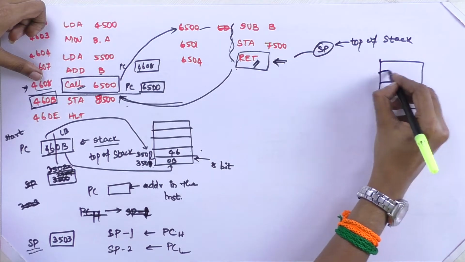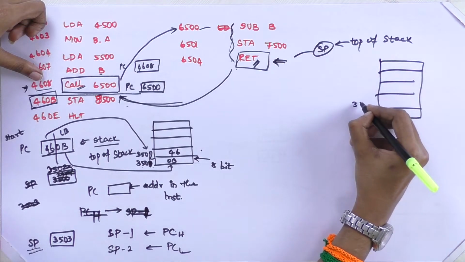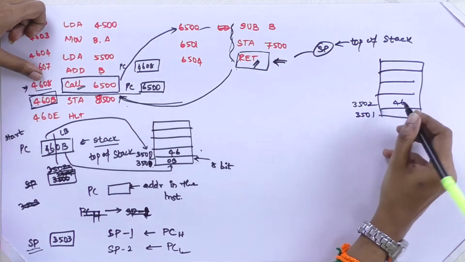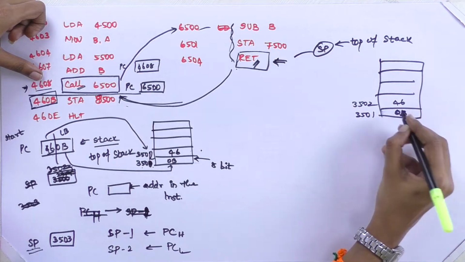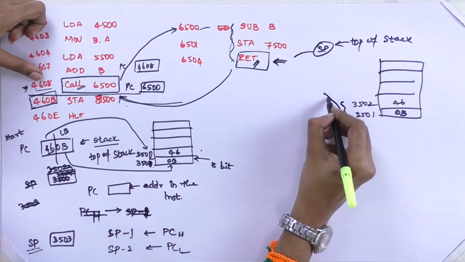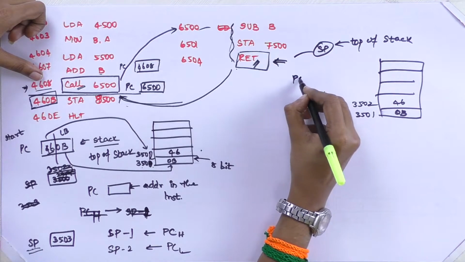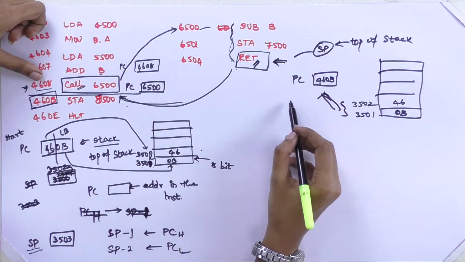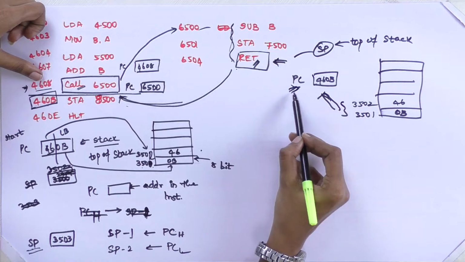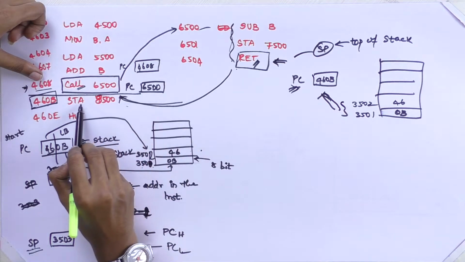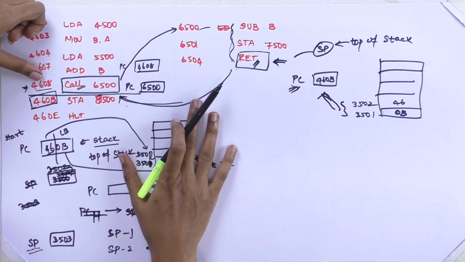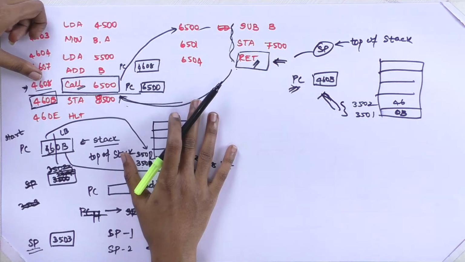The PC value is stored in 5024 and 5025. This value will be fed again to the program counter. Once the processor sees this program counter, it will return to the line where we have stopped the execution. So this is how the call instruction works.